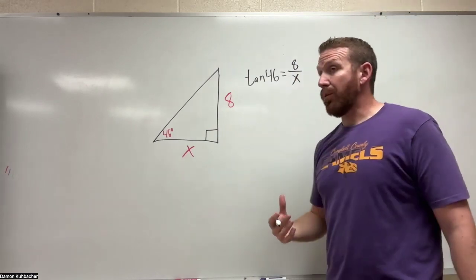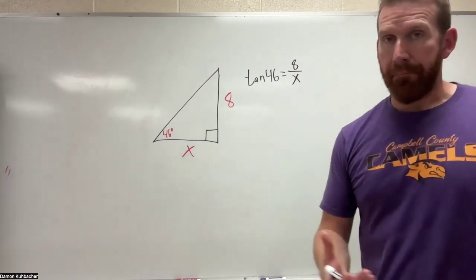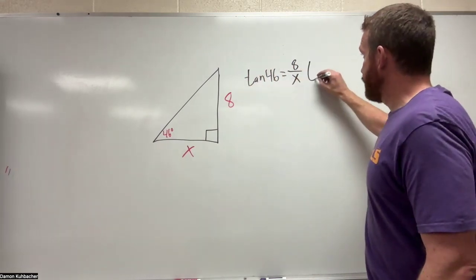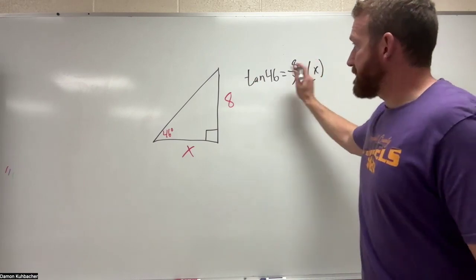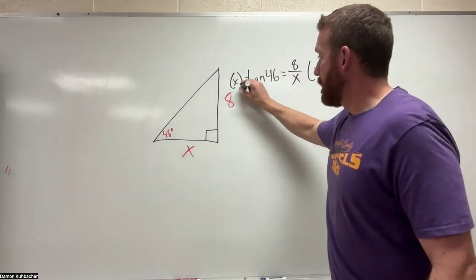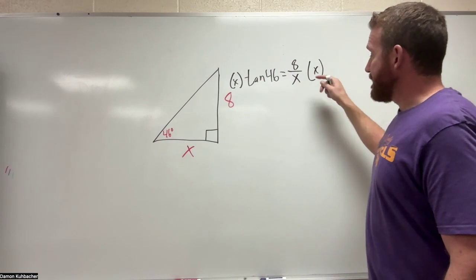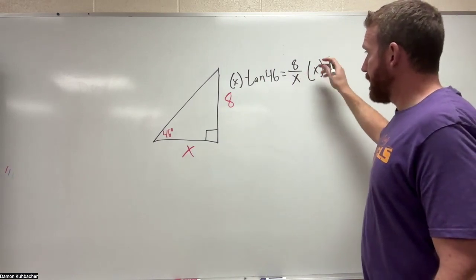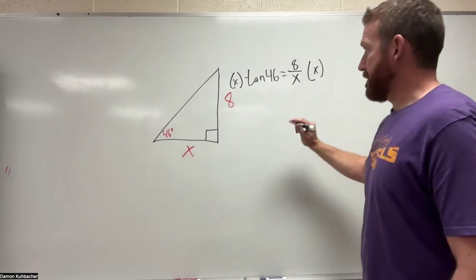So whenever we have a variable in the bottom, we're going to go ahead and multiply everything by x, this side and this side. What that does is it's telling us to divide by x and multiply by x, so they cancel each other out.